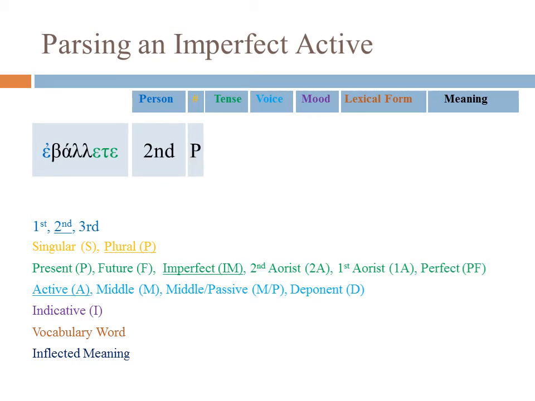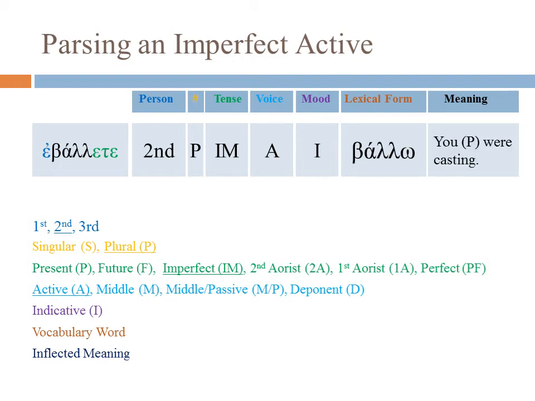The tense, well, we have present stem and an augment here, so it's got to be imperfect. The voice is active. The mood, indicative. And the lexical form, we go back to ballo. And the meaning is, you were casting.